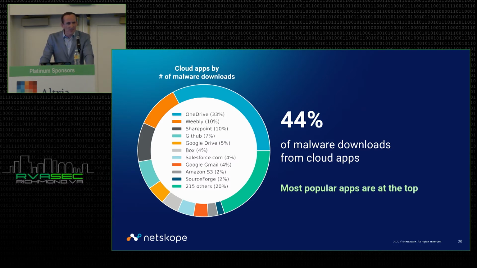And we always look at that list of the top apps. And this goes back to, I want to make sure I'm super clear about what I'm saying. When you look at that list of top apps, you're like, OMG, that's Microsoft and Google and Box and Dropbox. I can't believe that they are doing such a bad job. That's not what's happening here. They're doing an excellent job. They're trying to keep up with this as well.